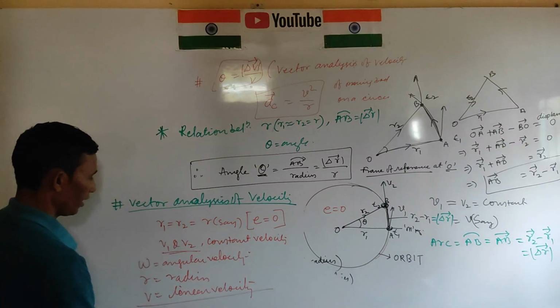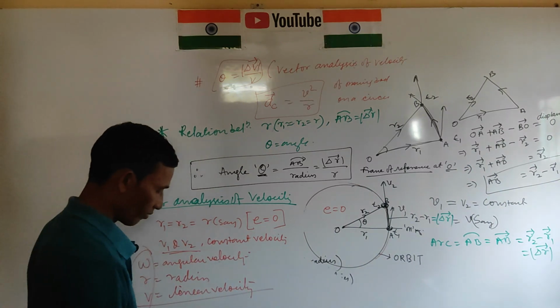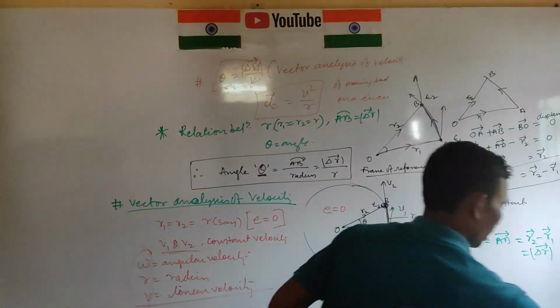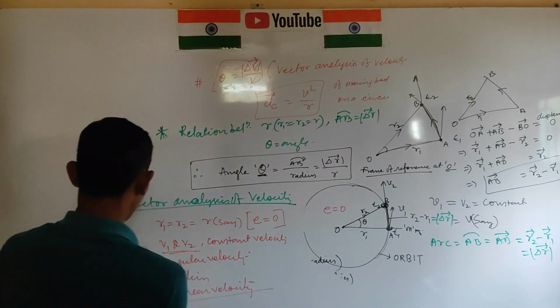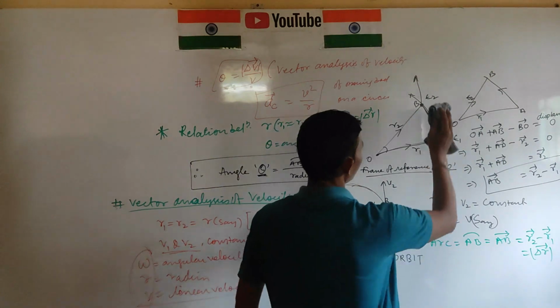That is the linear velocity. And what is the relation between linear velocity and angular velocity? Simple, we know that v equals omega r. Here is the relation.